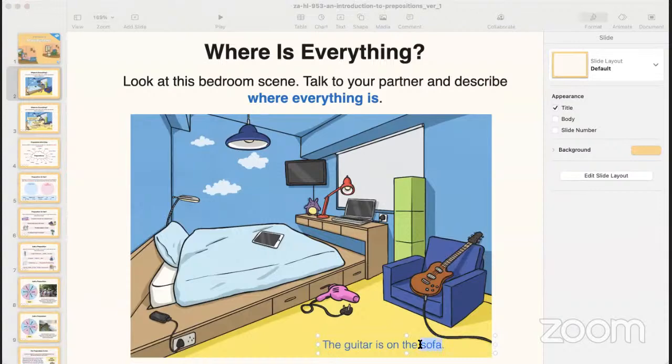Or you can put it on the chair as well. So we've used the word on to show where the guitar is.